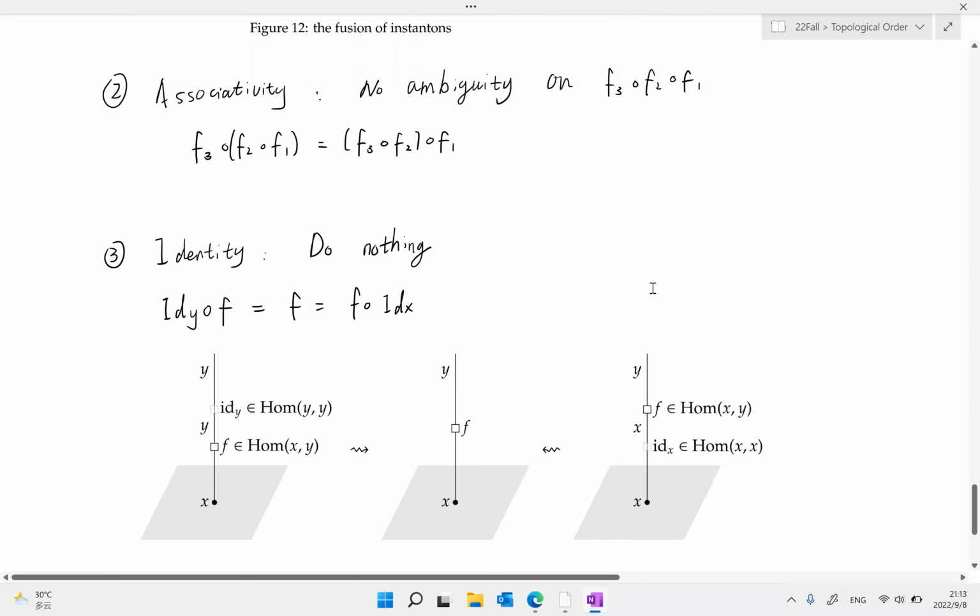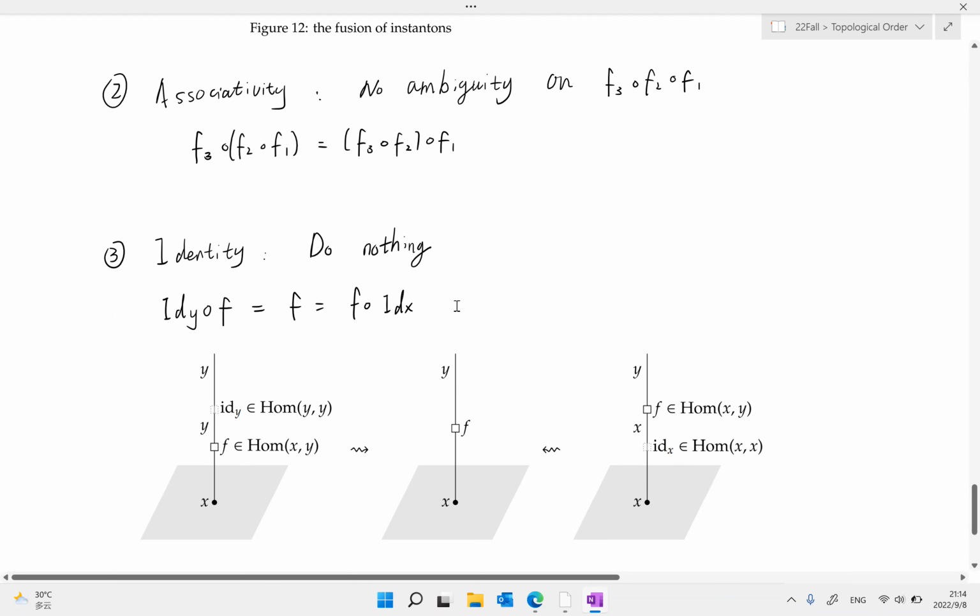And finally, there is identity. Identity means that we can do nothing in the timeline. It's basically the two pictures down here. We can do nothing for an instanton from X to Y: we can do nothing in the Y region, and we can do nothing in the X region.